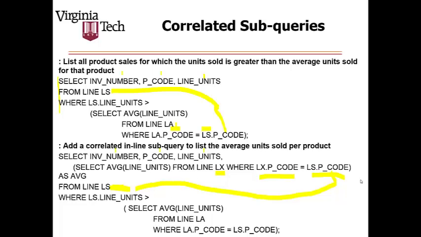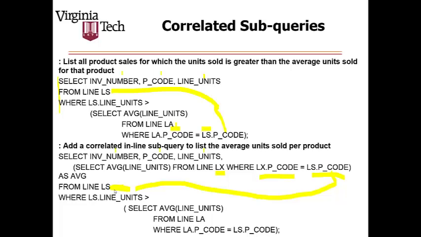Right, so you should just imagine LX and LS are duplicate tables of line, right? And this average subquery is working across the rows of line for each product code in the line LS.